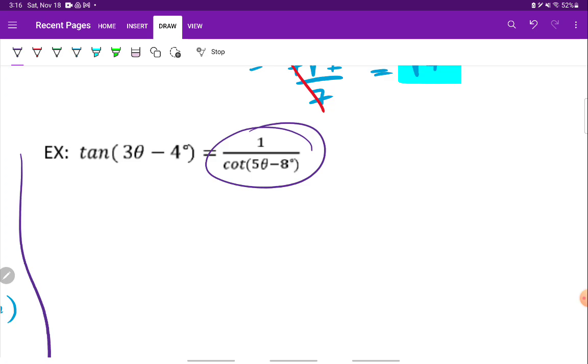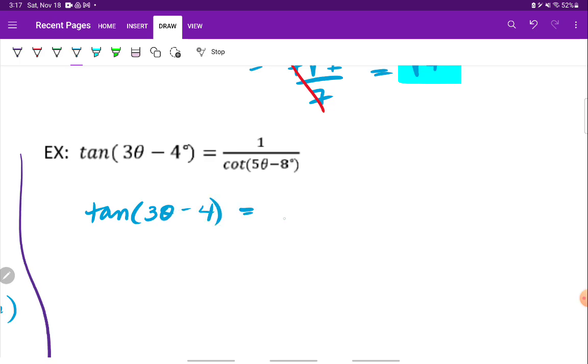So I would definitely transform this one that was a fraction into the other trig function that isn't a fraction. Let's rewrite that right side as tangent of 5 theta minus 8.